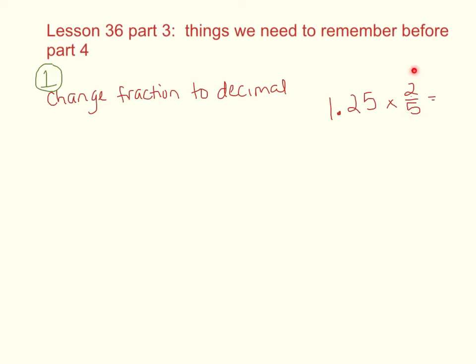So let's change that guy to a decimal. The way we changed fractions to decimals was this skill that we learned in, I think it was lesson 9 or 10, where we divide with decimals and throw lifesavers at it. I divide 5 into 2, bottom into top, and I throw lifesavers at it.